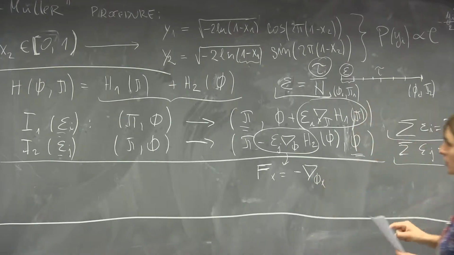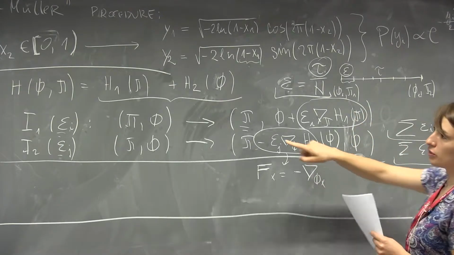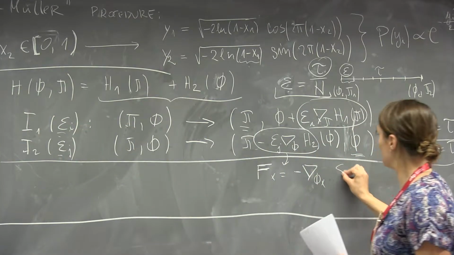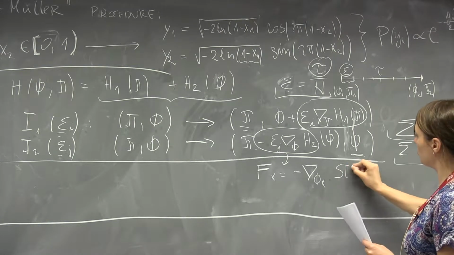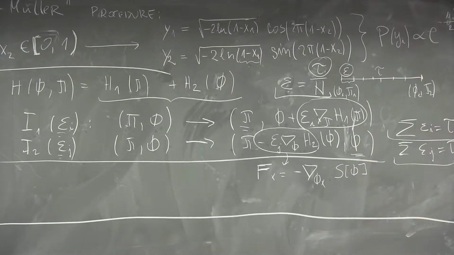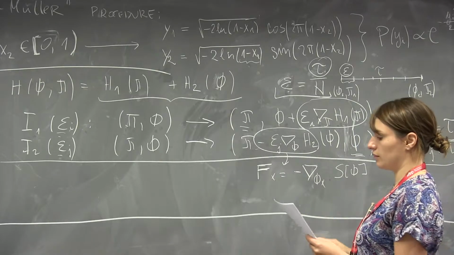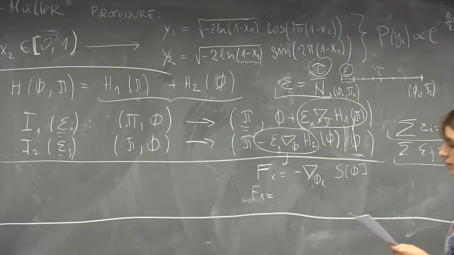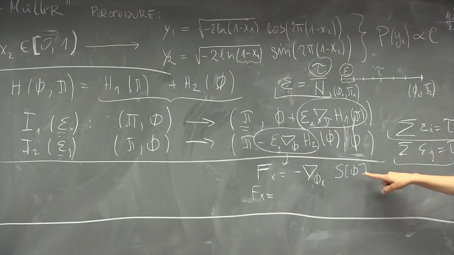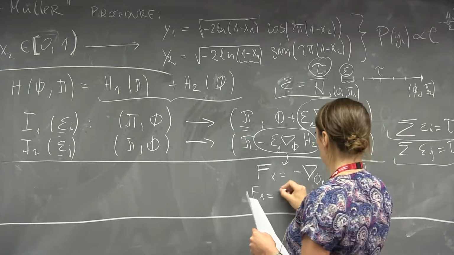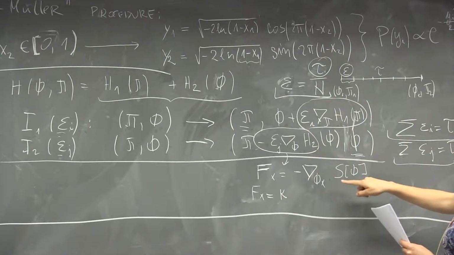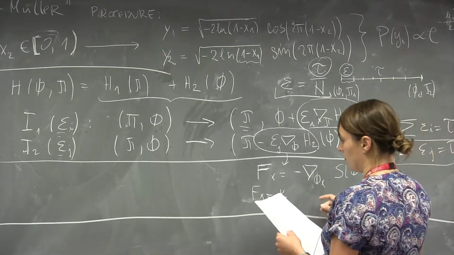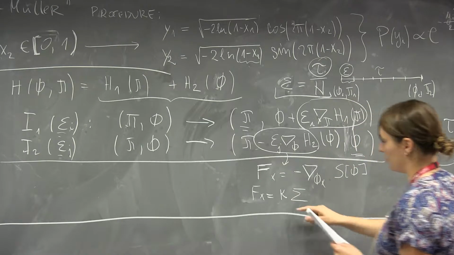So this would be the derivative of our H2, which is our discretized action that we've written down yesterday on the board, S of phi. If you go back to the discretized version of the action, you can see that when you perform the derivative of the action with respect to phi, you will get the following expression.